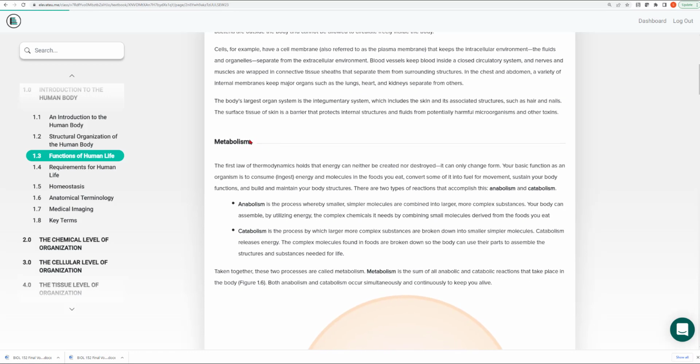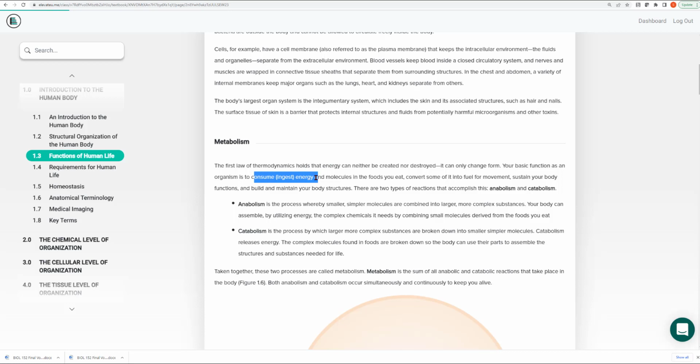All living things have a metabolism. Metabolism is basically a fancy word for saying that living things take in energy and use it. Living things take in energy and they use it. You require food to survive. So you ingest or consume or take in food.